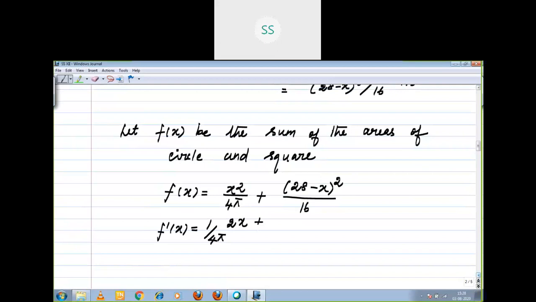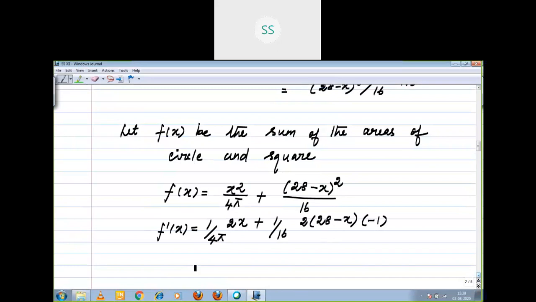Plus, here also the same. 1 by 16 is a constant. Let it be as such. You are going to differentiate this: 2 into 28 minus x. First you apply the derivative of x power n concept. After that you should enter into the bracket and differentiate. Your x is negative, so you arrive at minus 1.